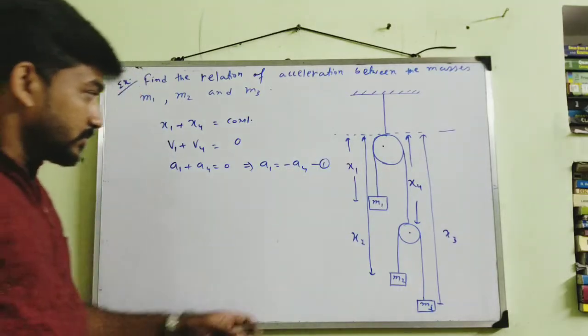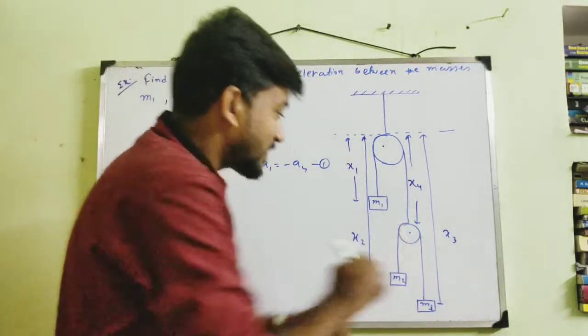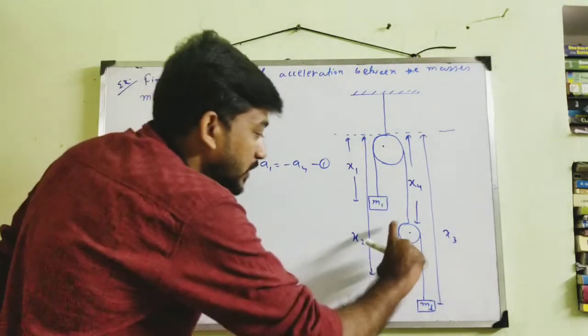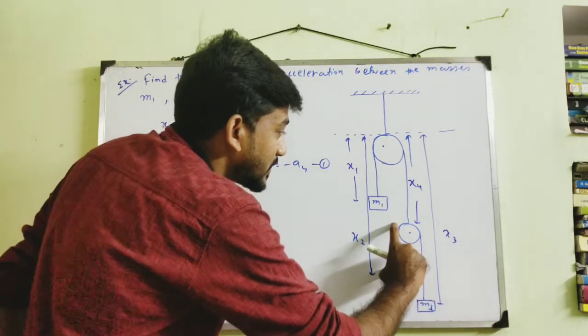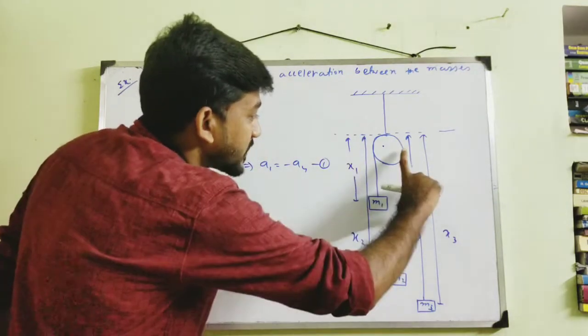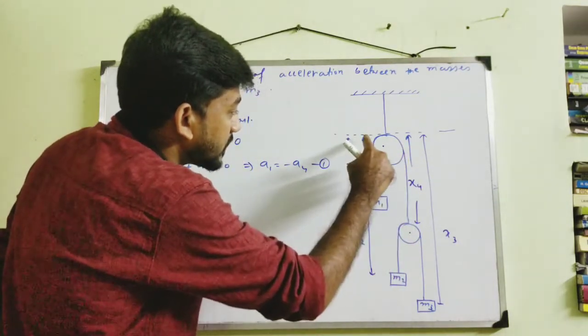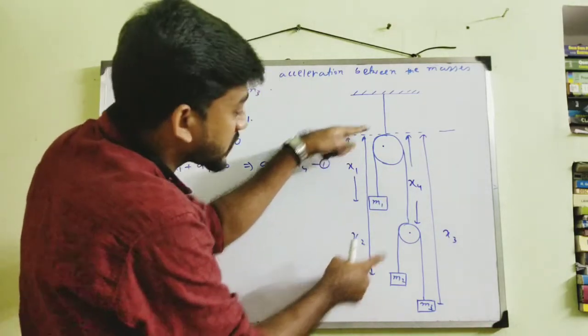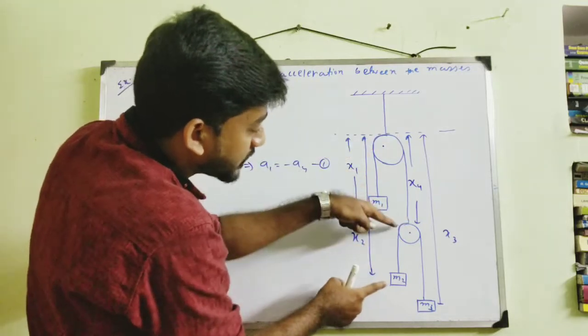Now for the second string, we have to find this length and this length. This length is nothing but x2 minus x4, since if we take x2 with respect to the reference line and subtract x4, we get this length.